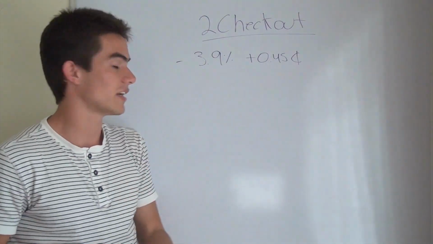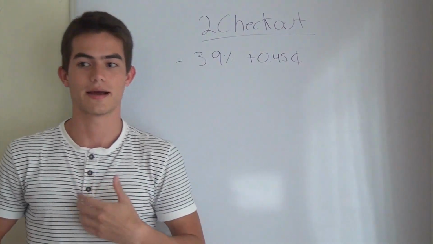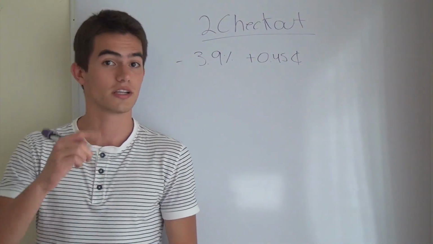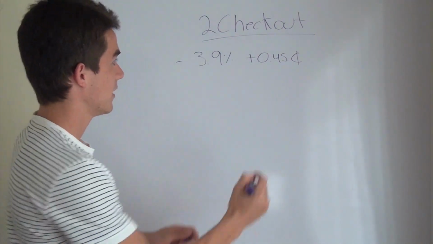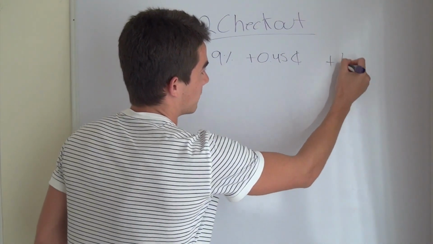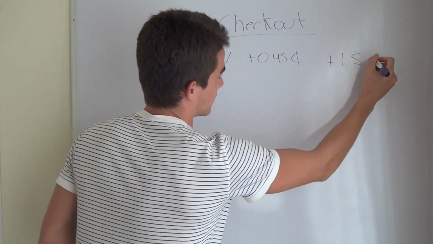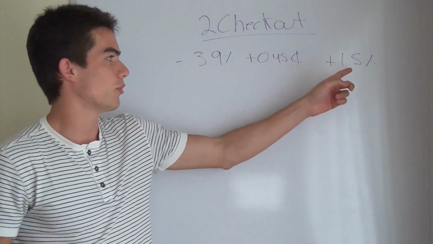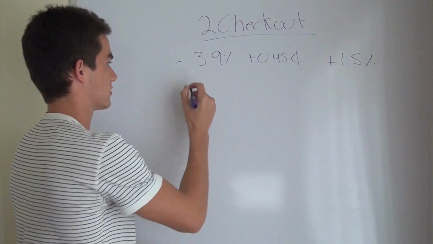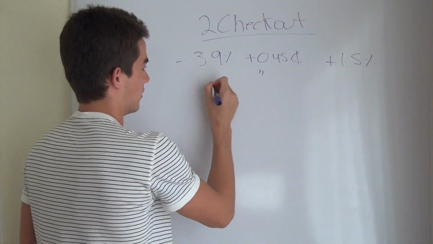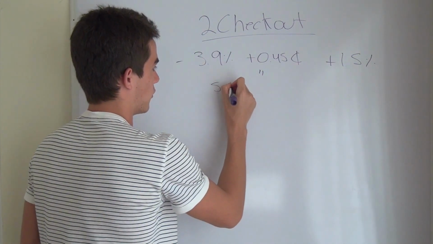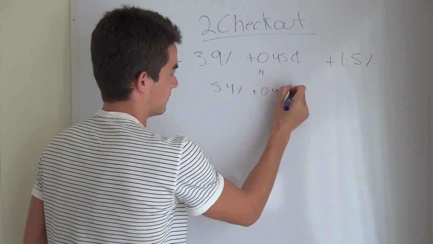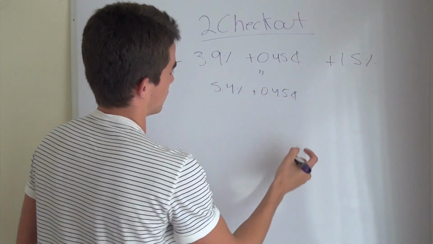If you are outside the US, like me, I'm from Costa Rica, regardless if you're from Panama, Venezuela, or another country, you're international, so you're going to pay this plus an extra 1.5% per transaction. So this is going to be 5.4% plus 0.45 cents per transaction.